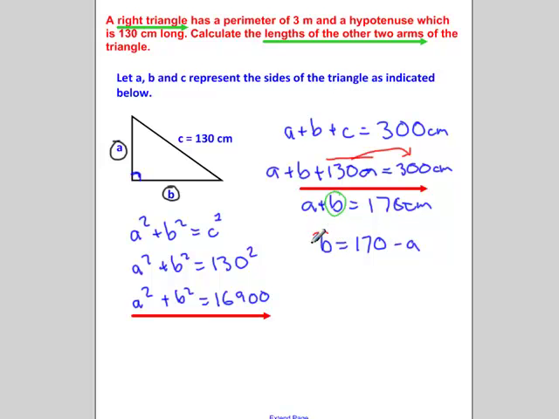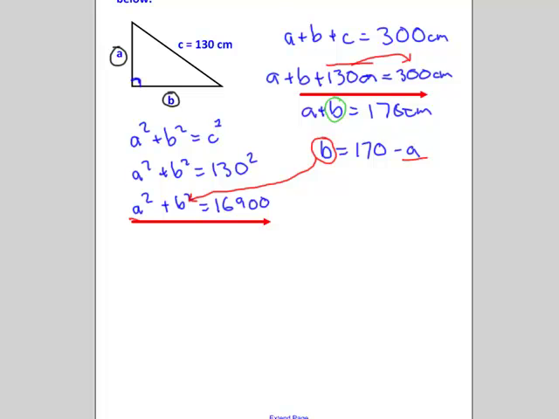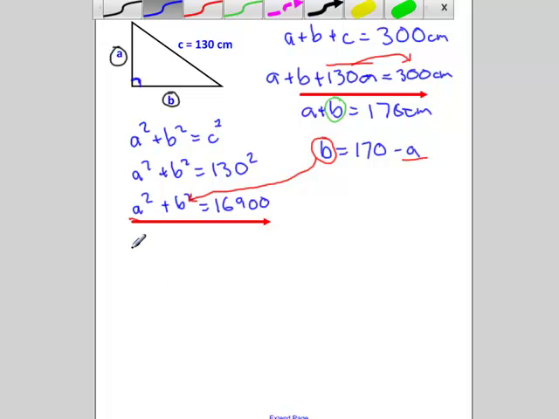I now have a value of B. I can substitute this value into my quadratic. And then I'll have a quadratic that only has A for the variable. So let's go ahead and see that done. I'm going to substitute B into my quadratic. I'll make a little note just to let my teacher know what I'm doing.